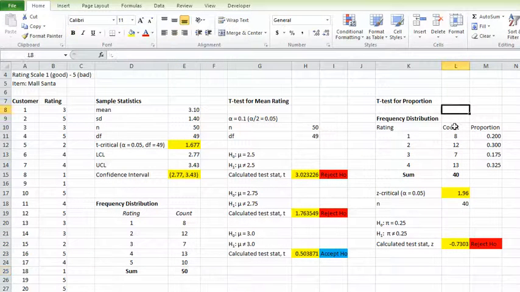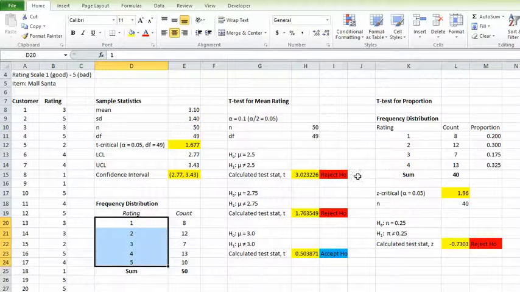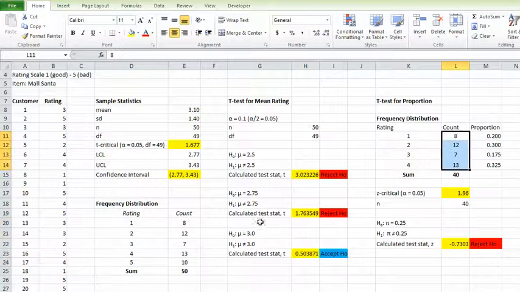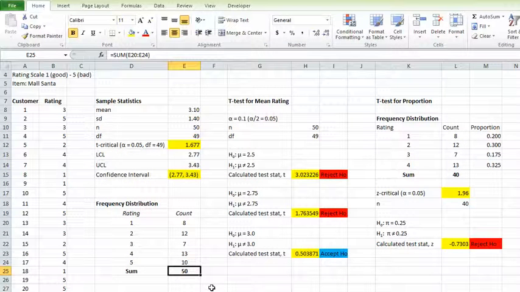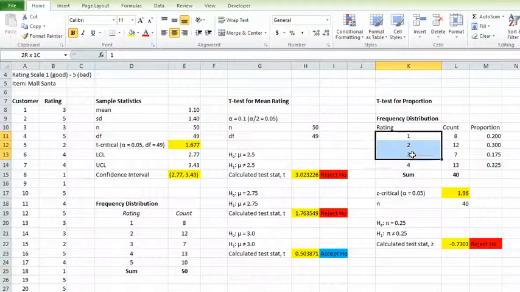Okay, anyway, now here's a trick. I'm looking at 4 of the 5 values. And so I can't use all 50 of my values in making this proportion, because votes for 1 through 4 only got 40 of the votes.